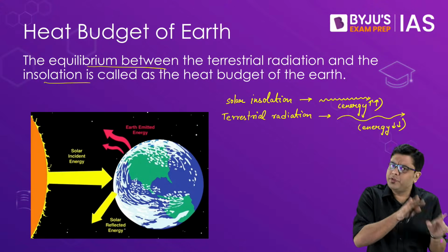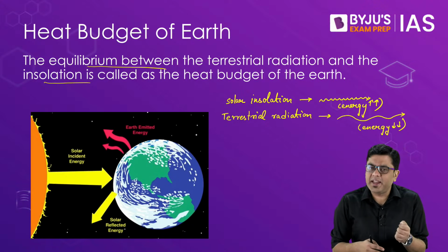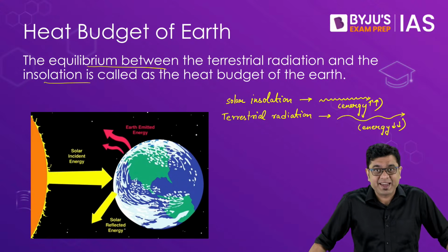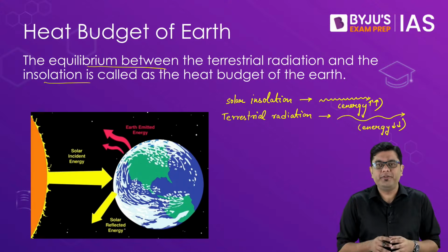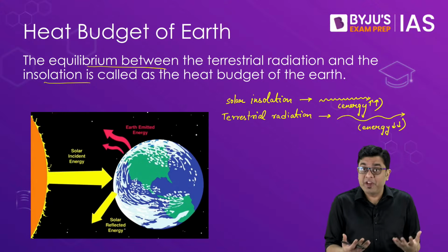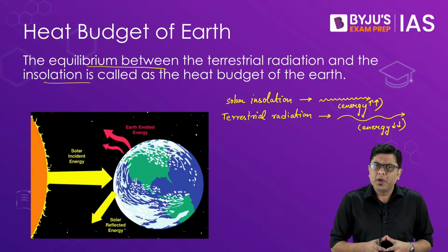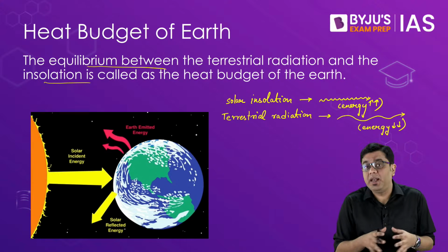The converse is also true. For example, let's suppose the incoming solar radiation is less and the amount of heat lost by the surface is significantly higher. That would lead to gradual cooling of the surface, and the planet would become much colder. Now, we know that the planet has maintained its temperature largely.